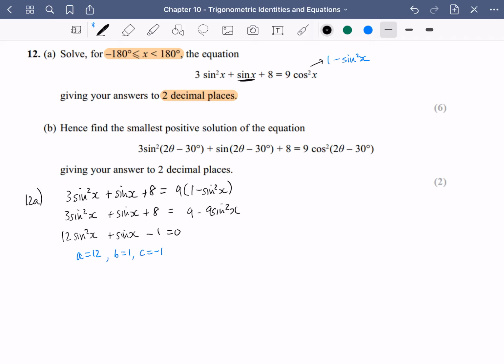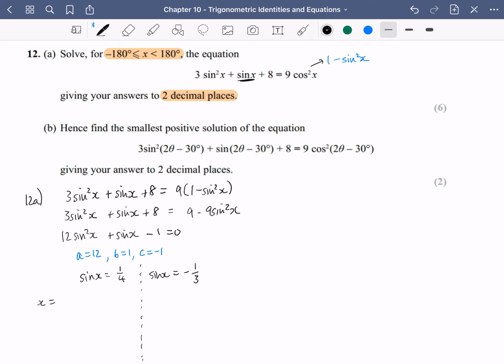This gives me that sine x is either equal to 0.25, a quarter, or sine x is equal to minus a third. Okay, I'm going to do these two separately, bearing in mind the range is minus 180 to 180.